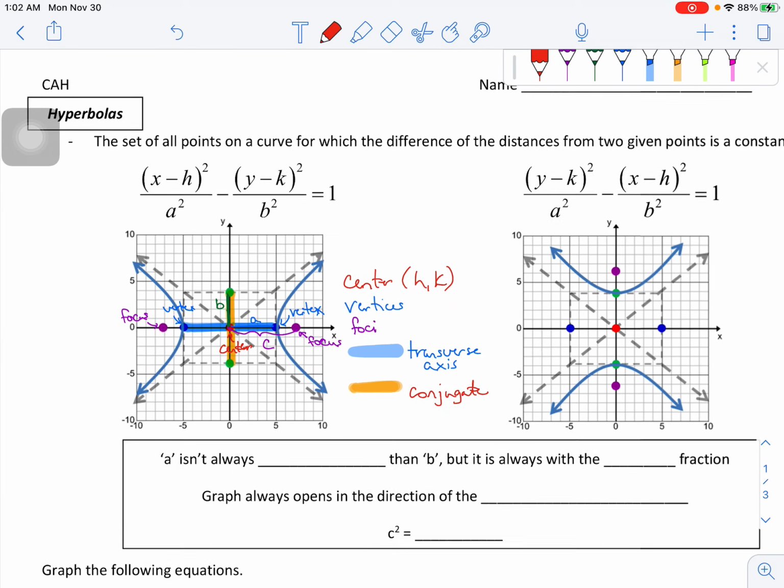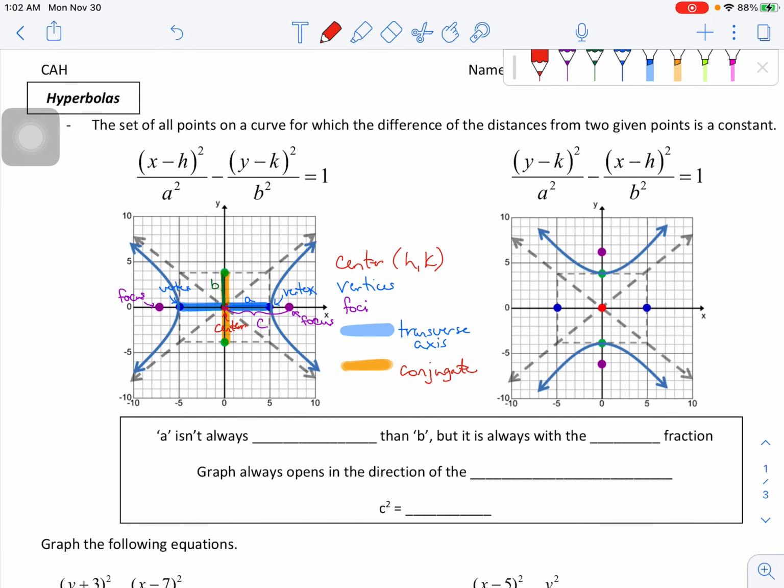Let's talk about a few things with a, b, and c. Your a value isn't always greater than b, but it is always with the first, and I'm going to put in parentheses, the positive fraction.